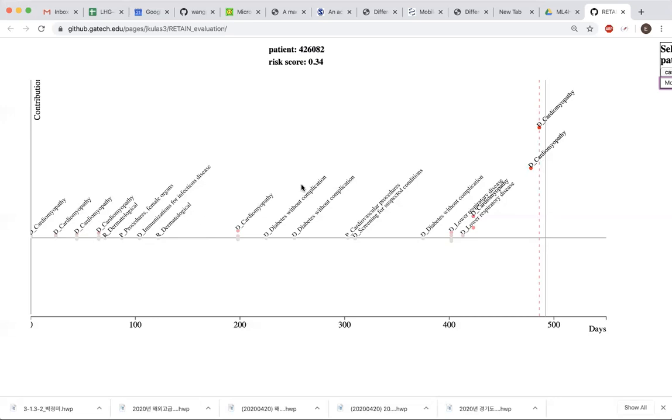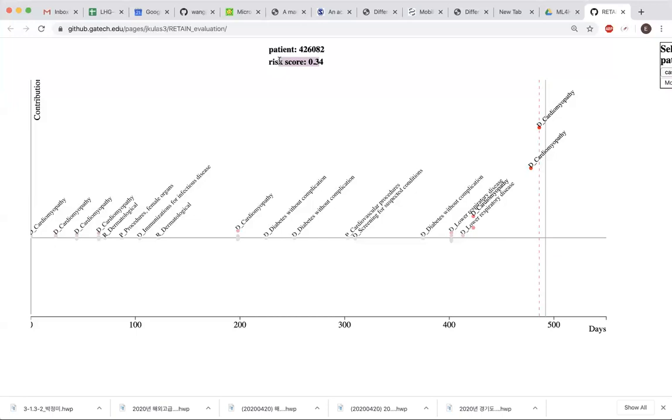Even if the same information, same codes happen, the ones that happened more recently should count more towards the final prediction. And again, I didn't tell the model that recent information is more important than old information. It's just that the model has picked up that signal: in order to accurately predict the risk score, I need to pay attention to recent information.